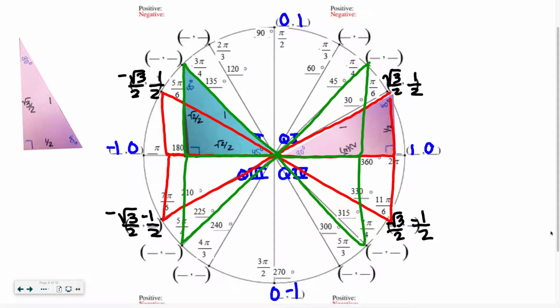So find a way to fit that blue triangle in your second butterfly and label your X and your Y all the way around. Nope, the radical 2 over 2.